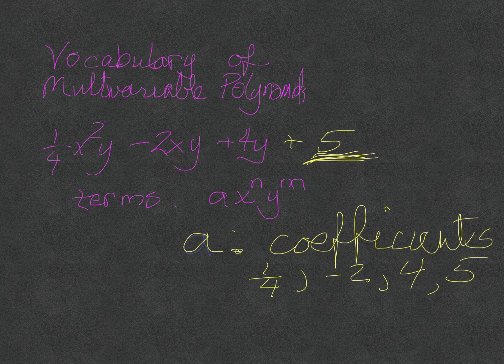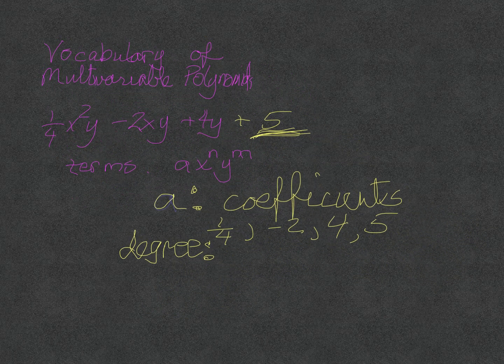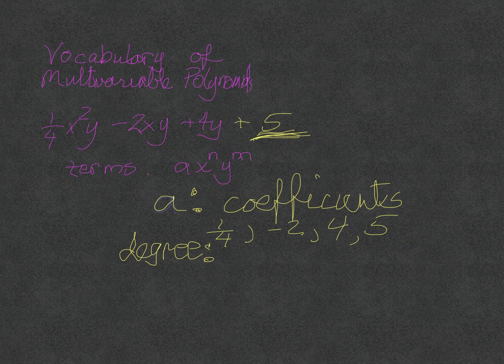The next thing then is we want to look at the degree of a term. Now, if you remember from before, the degree of a term with a single variable was always the exponent on that single variable.